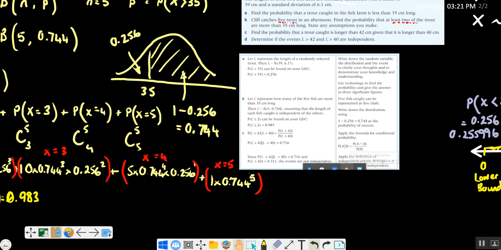All right. What is the probability that I pick someone that studies geography, given that I know they study maths? Yeah, that limits the denominator, doesn't it? Right. So you can see in this question it says find the probability that a trout caught is longer than 42, given that I know it is already longer than 40.